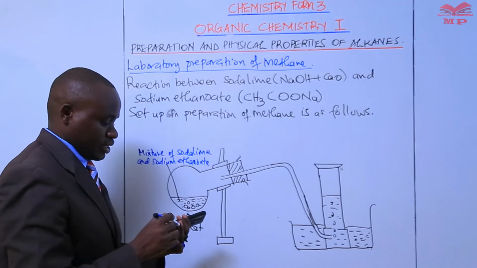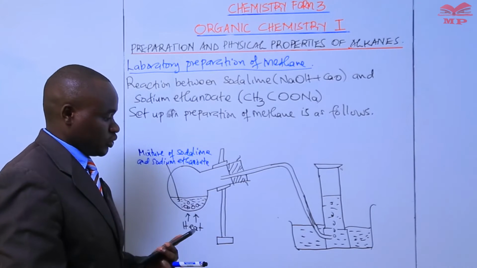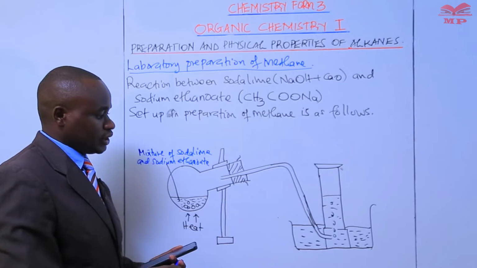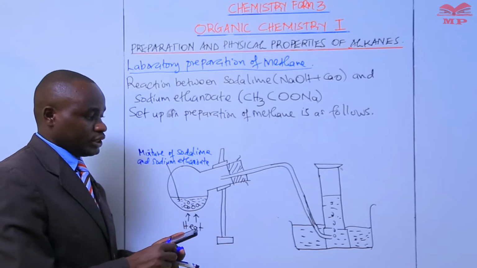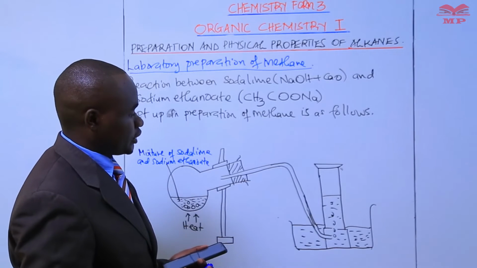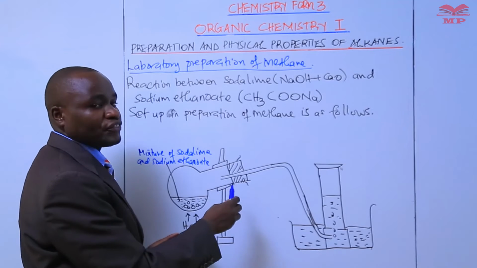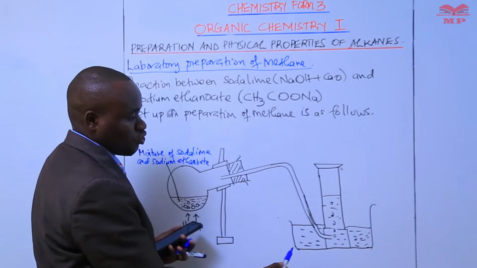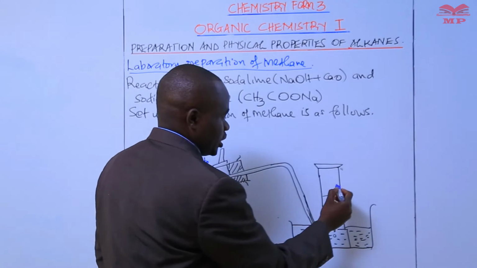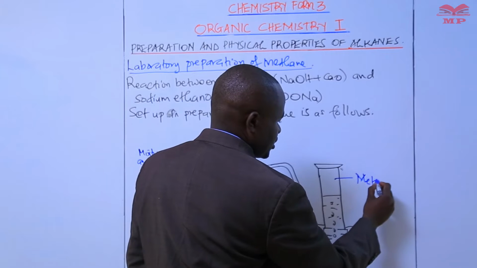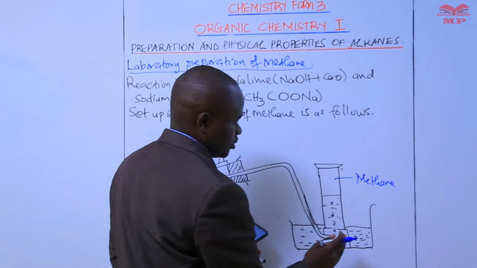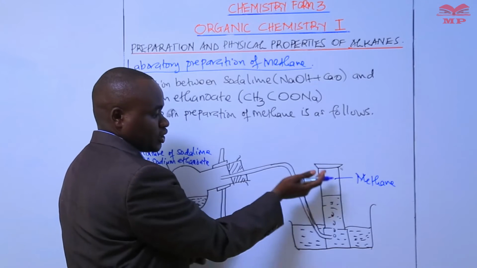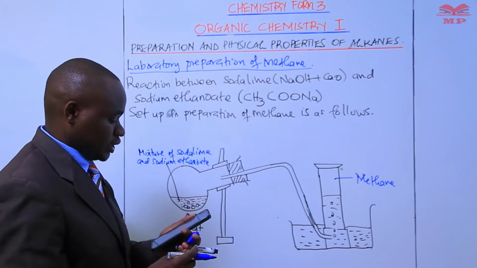So in the round bottom flask is where the two compounds are heated. When they are heated, we shall have two products, and one of the products is methane, the gas. So the gas will flow through this delivery tube, and then it will be collected over water. So here we shall have our methane gas, which will be collected, as indicated by the level of the water moving downwards.